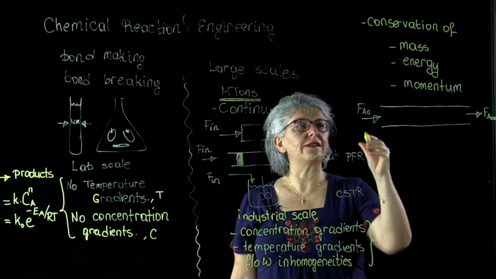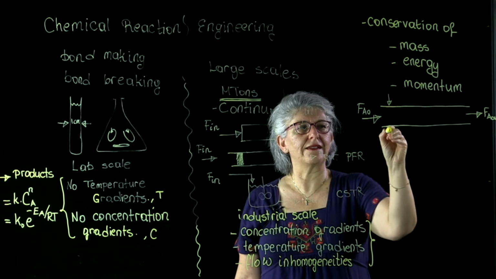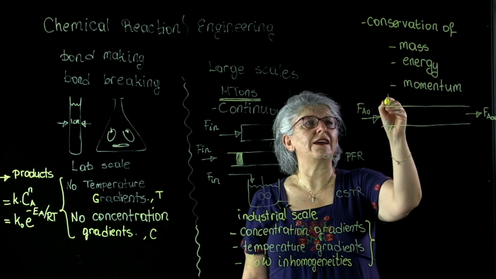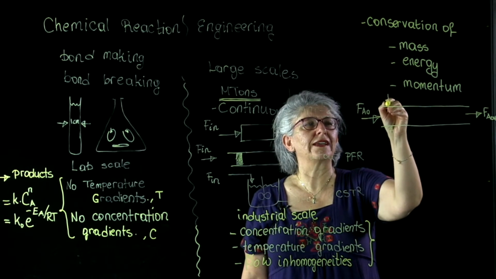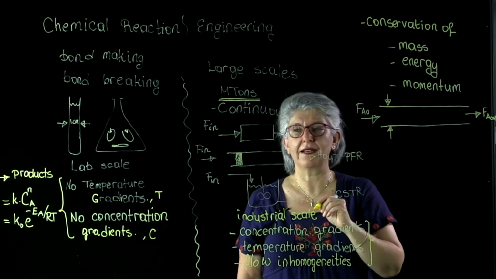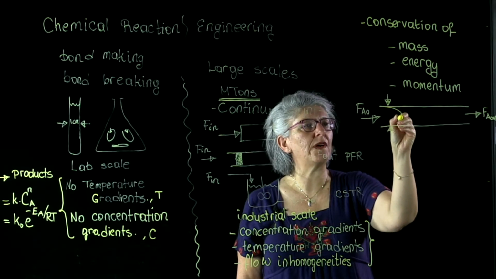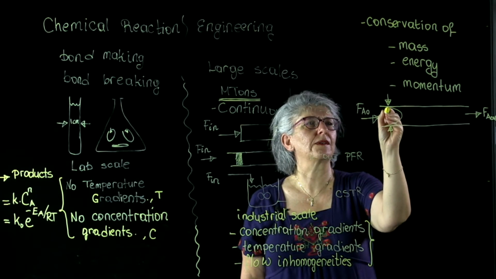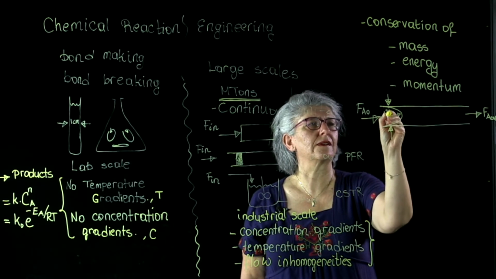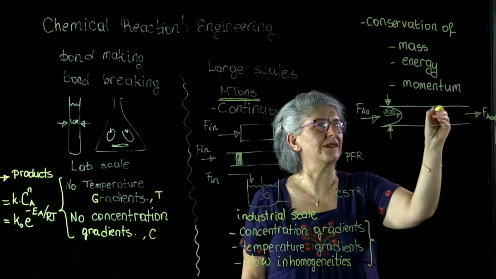If the diameter of the reactor is large enough to give rise to gradients in temperature and gradients in momentum, we might have velocity profiles as well as temperature profiles.